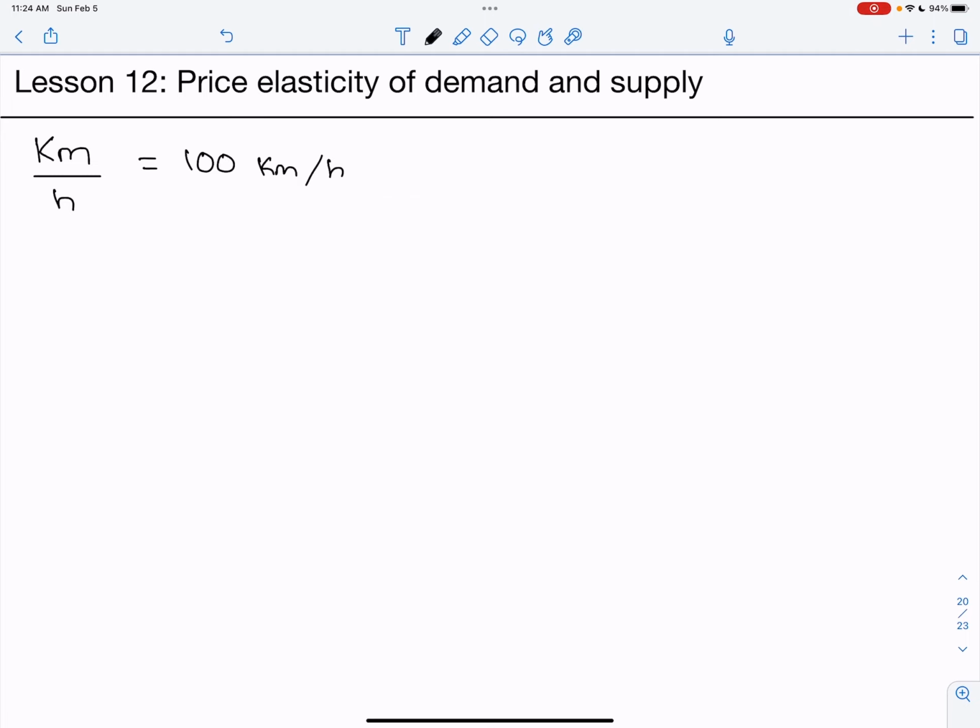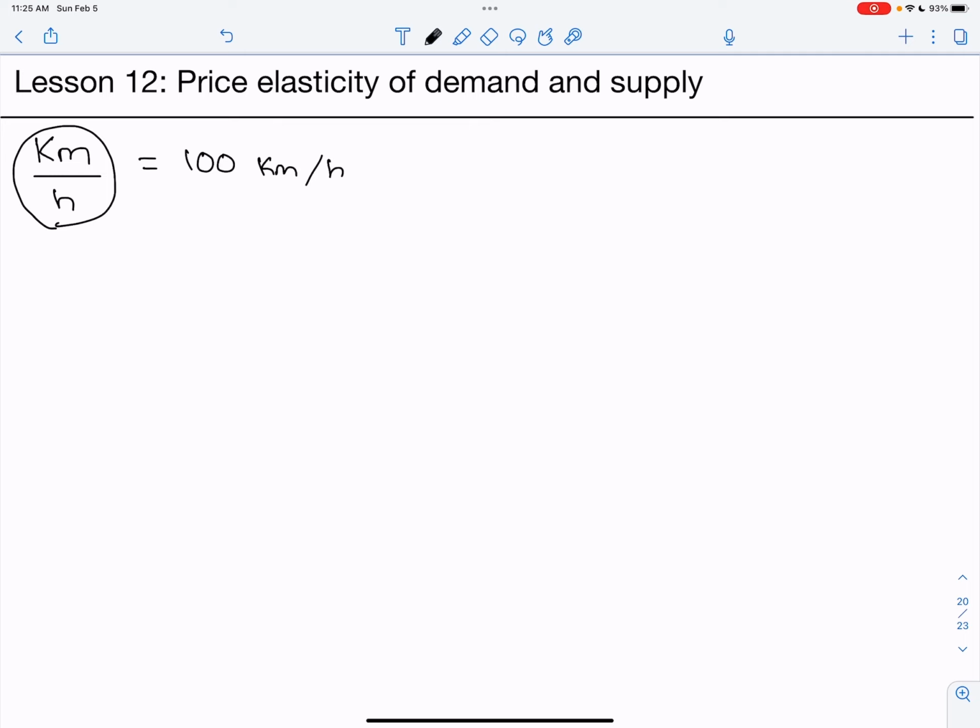So the reason I'm bringing this up is to point out the following fact, which you might have noticed before, you might not have, which is that this here is actually a division. You're dividing the number of kilometers by the number of hours. And by doing that, you're getting the answer to the question, how many kilometers did the car travel in 1 hour?